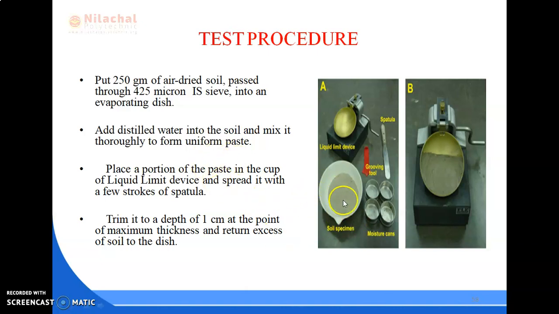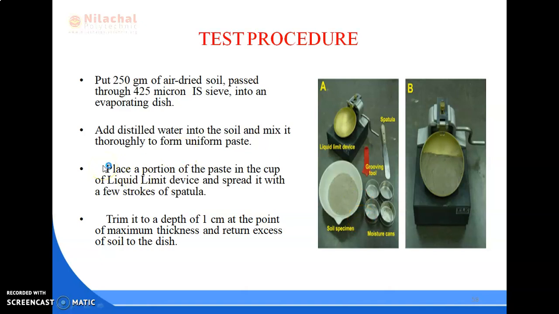Here we have to put the soil sample which is passed through 425 micron IS sieve. We can take 250 gram of air dried soil, or also 120 gram, as per our requirement. And we have to add distilled water with it, not the tap water.